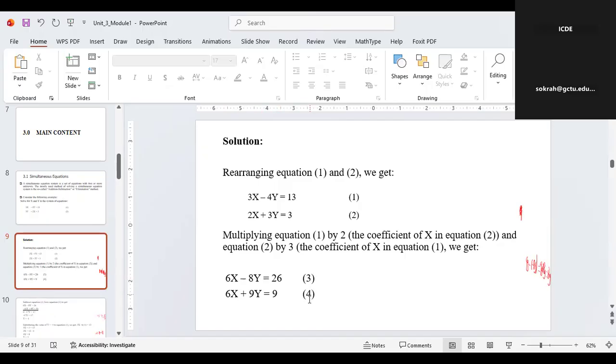Okay, so if I subtract equation 4 from equation 3, then I'll say 6x in equation 3 minus 6x in equation 4. That takes the x to 0. So that portion vanishes. Then negative 8y in equation 3 minus 9y in equation 4.